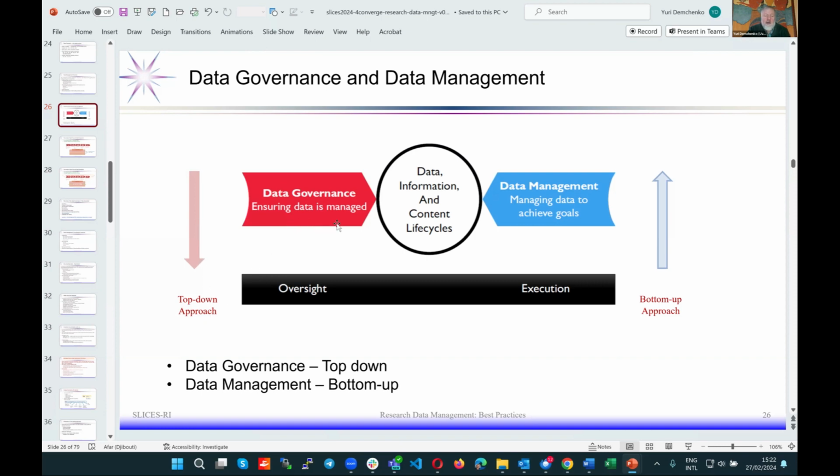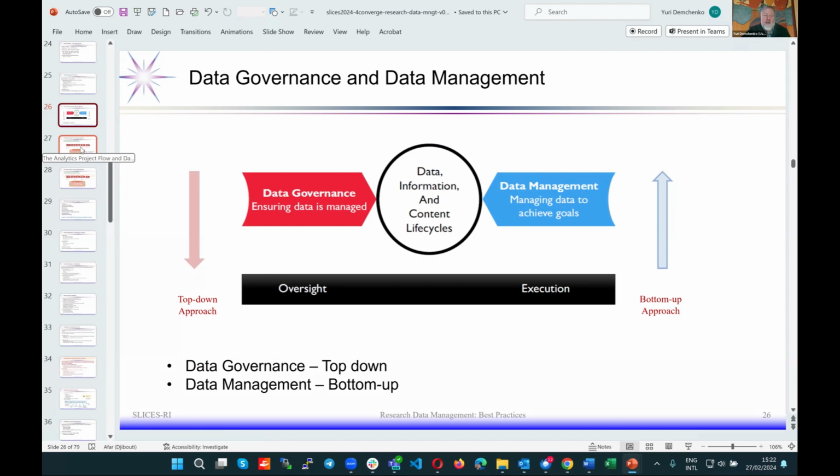Surely, data governance policy needs to be developed by experienced people, reviewed by organization management, and so on. Data management is treated as a bottom-up approach. We go from data and implement all actions related to data distribution, data policy, and so on. I think this is a good illustration of the difference between data management and governance.